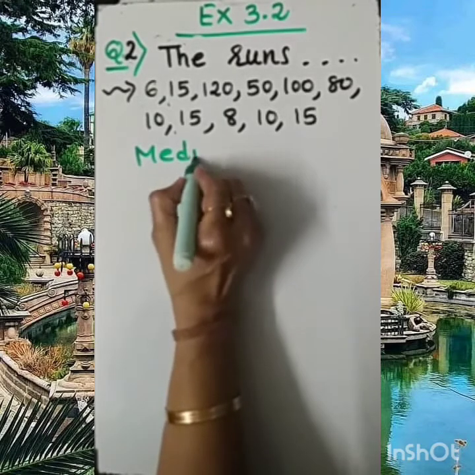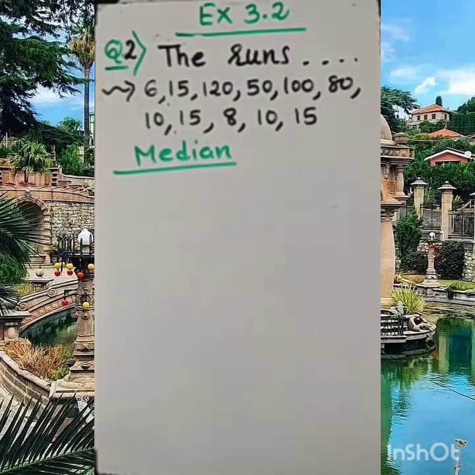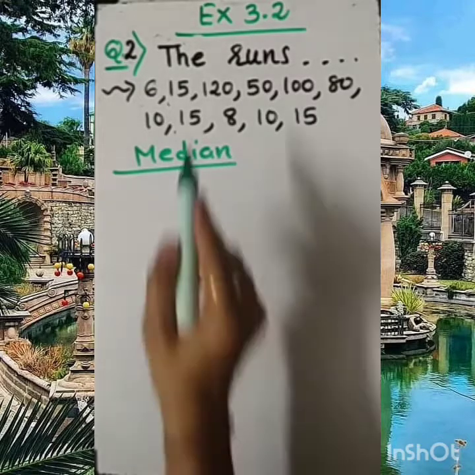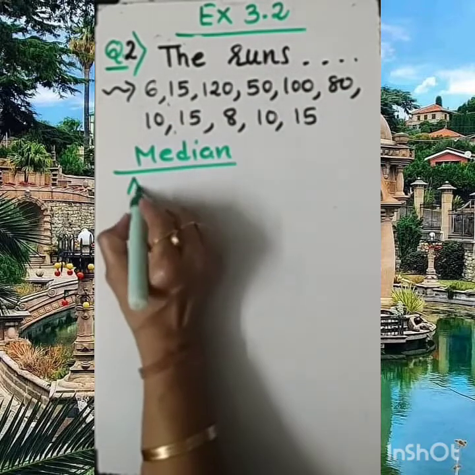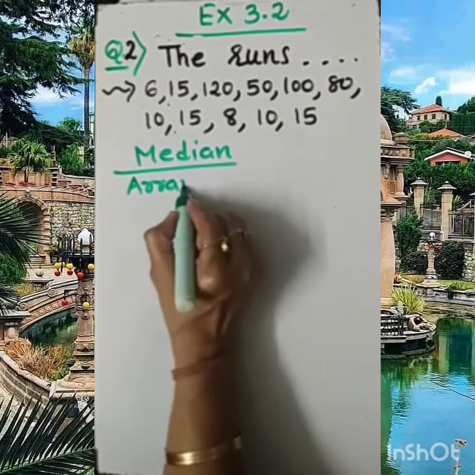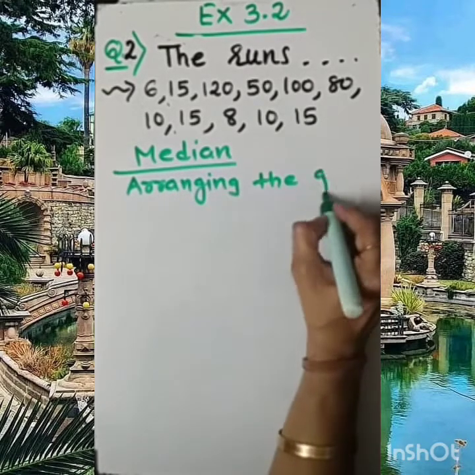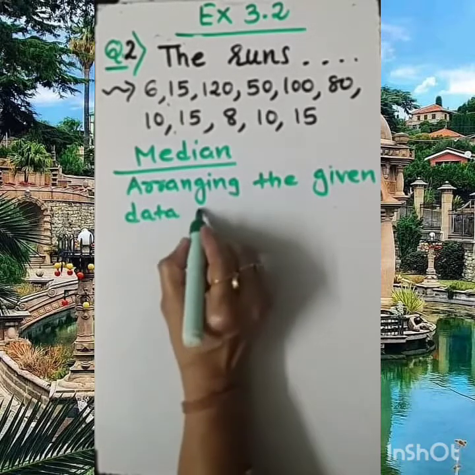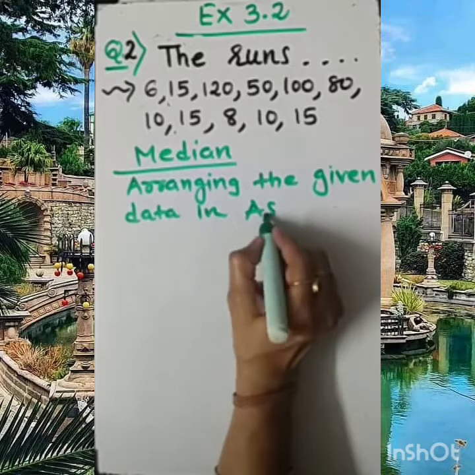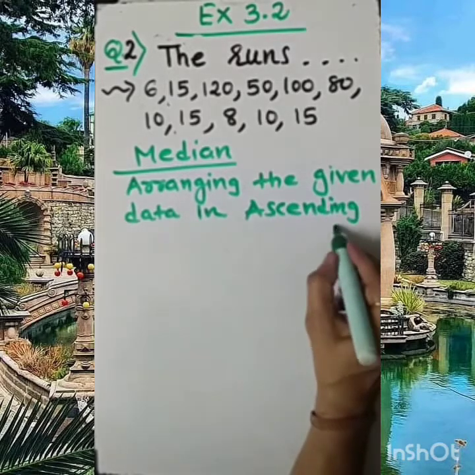So my dear student, the important condition to find the median, before we proceed, is we need to arrange the given data in ascending order. So let me write here, arranging the given data in ascending order. Please note down, also very important, ascending order.